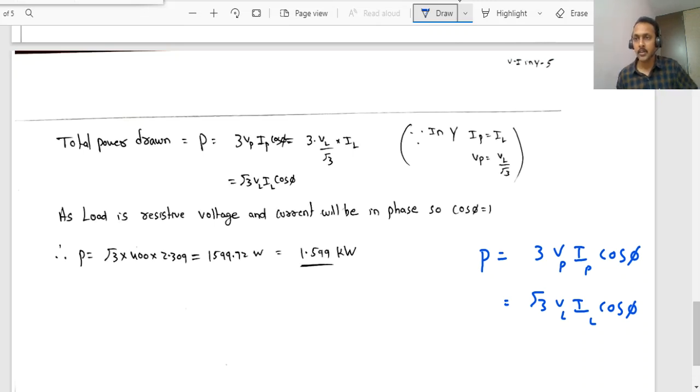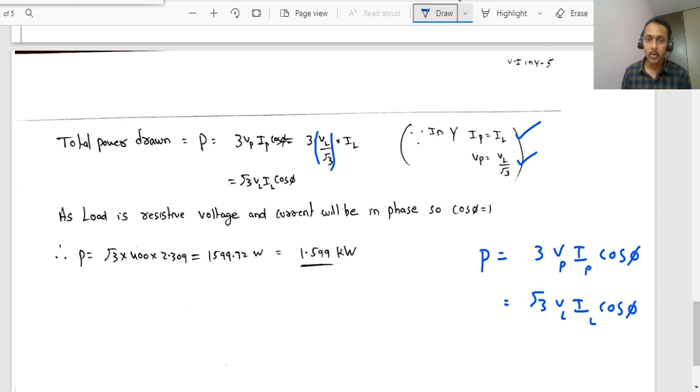If the power is asked in a 3-phase circuit, active power P equals to 3 times V phase I phase cos phi. Right? Now in star connection, the phase current is same as line current. But what about phase voltage? VL by root 3. If you substitute that in the place of V phase, you have VL by root 3, and I phase is same as IL.